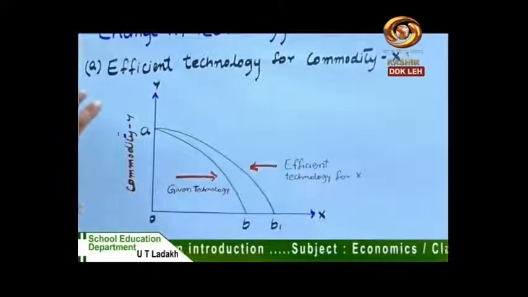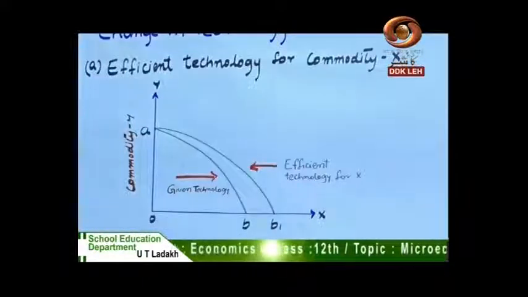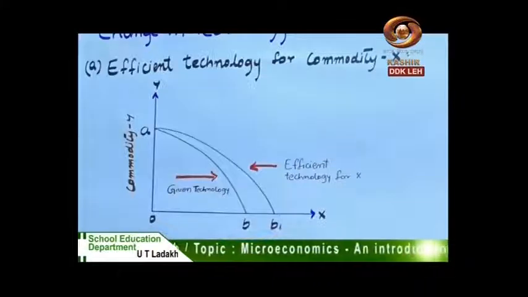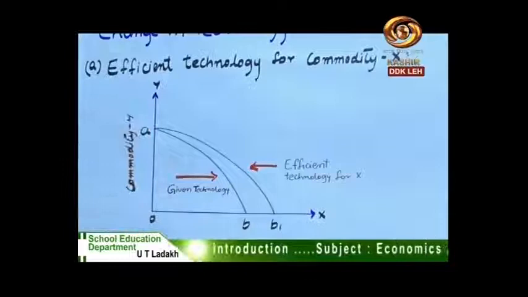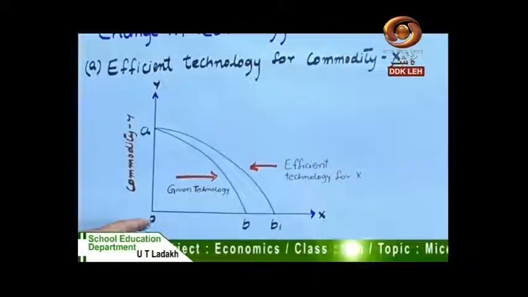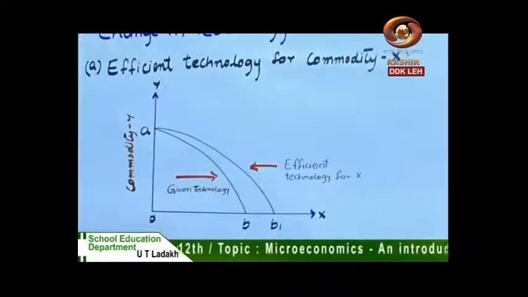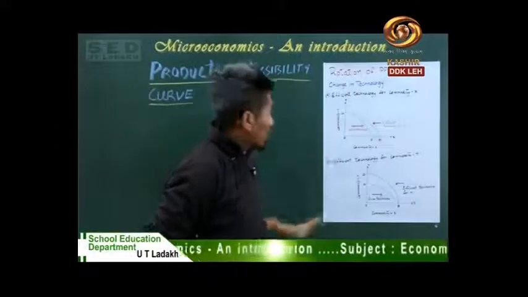So again there are two types of change. Here you see on this graph, on the x-axis I have measured commodity X, and on the y-axis commodity Y. Here I am producing OB amount of commodity X and OA amount of commodity Y.